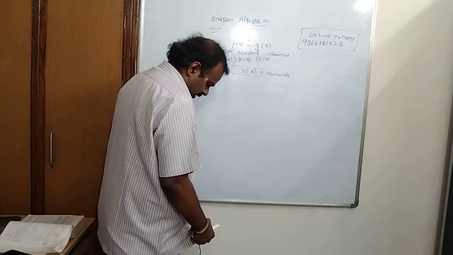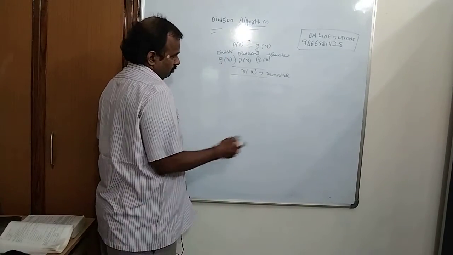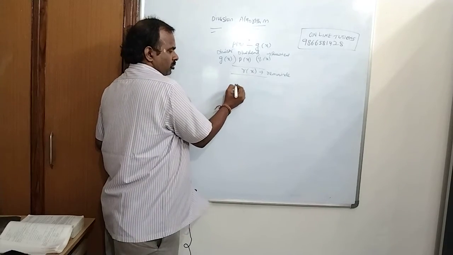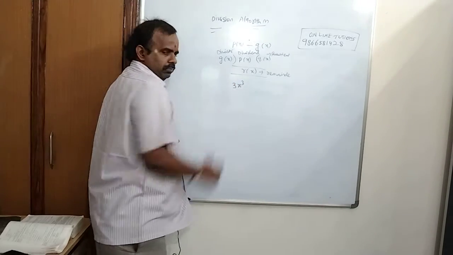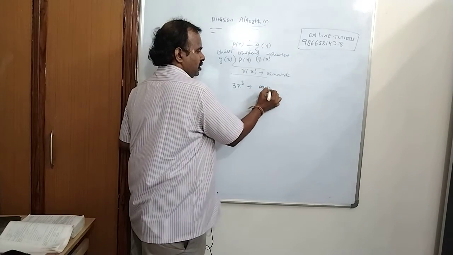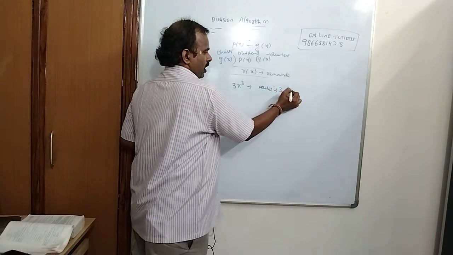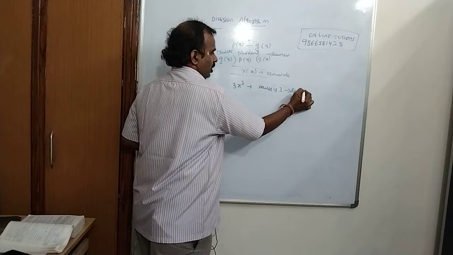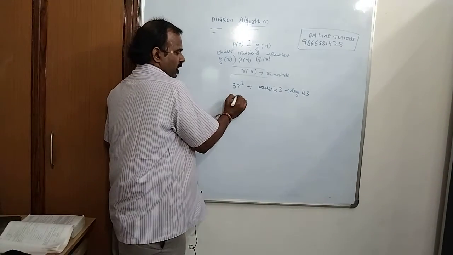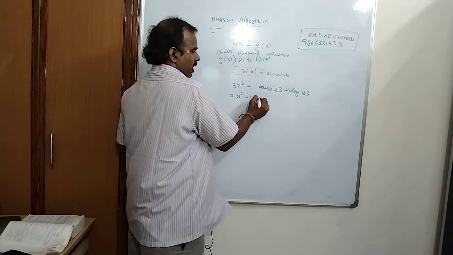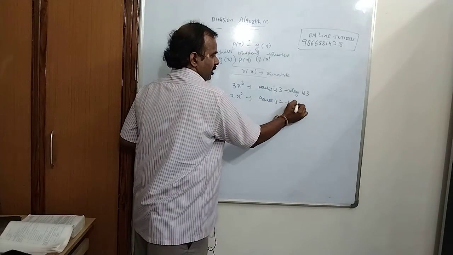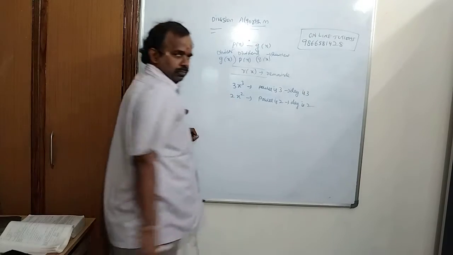Now, first, take any term like 3x cube. The power is 3, therefore degree is 3. Next, 2x square. Here power is 2, degree is 2.